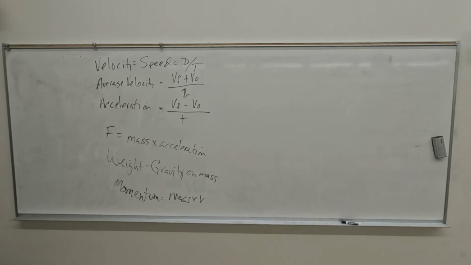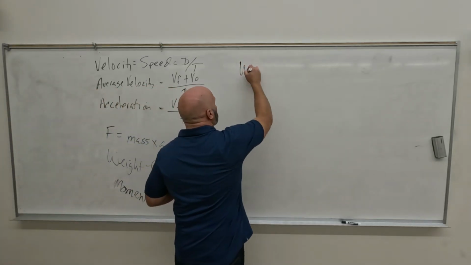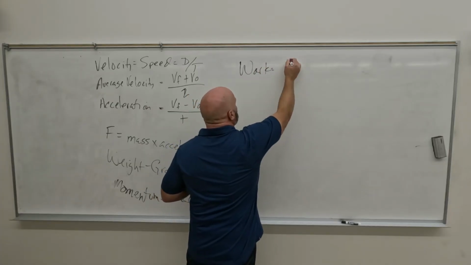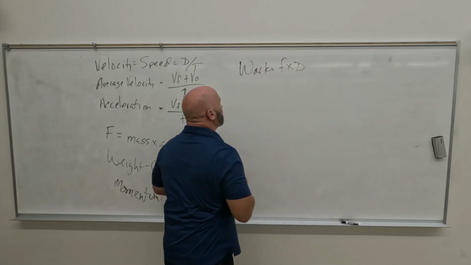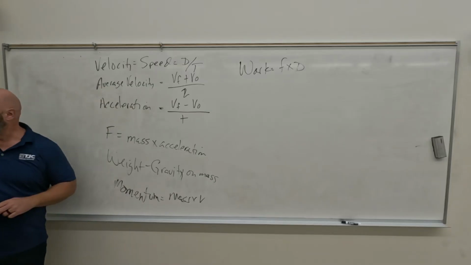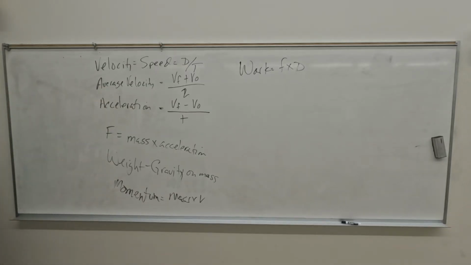Work is force times distance. And then power. Power is work over time. So again, you've got to recalculate your force. It's the same thing as force times distance over time.